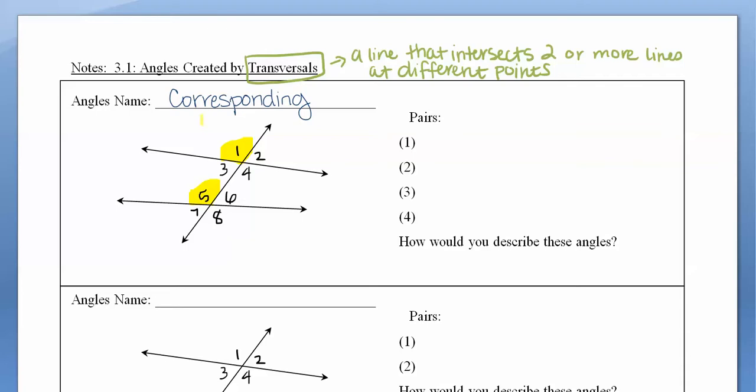So the way I think of it is you have two angles in the same position. Angle 1 and angle 5 are in the same position. This one's kind of top left, this one's top left. So for our first pair we have angle 1 and angle 5. Okay. Think about what other corresponding angles that we have here.